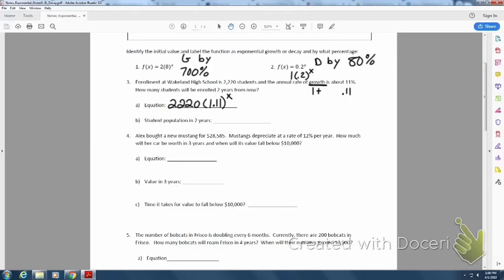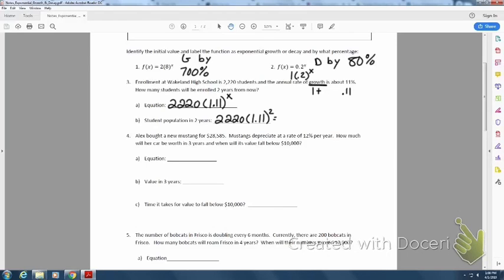Anytime it asks you for an equation, make sure that you're writing x in there. And then on the next step, you would raise that to the power of 2 to find the population or the attendance for the high school.